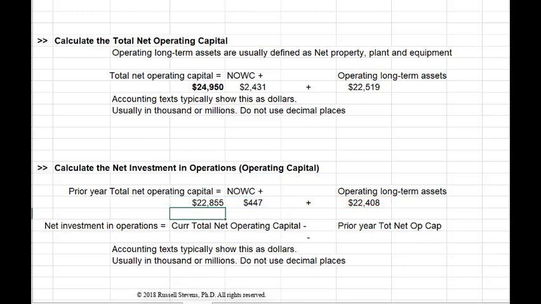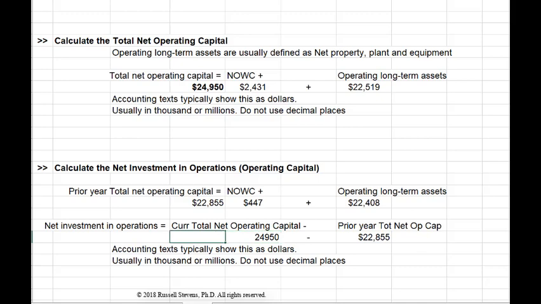The totals from the last two described operations are now put into the next couple of lines. The current total net operating capital as calculated above is 24950. The prior year total net operating capital as calculated above is 22855.